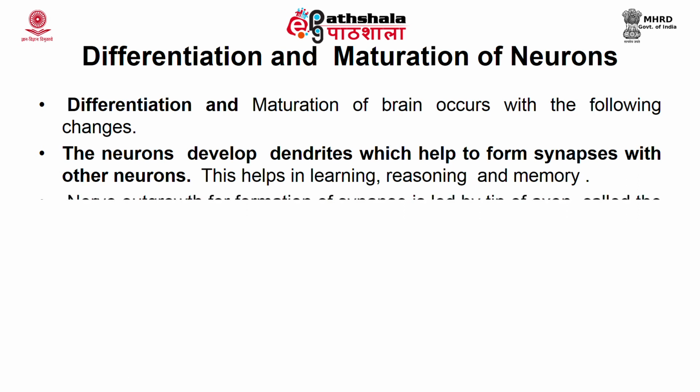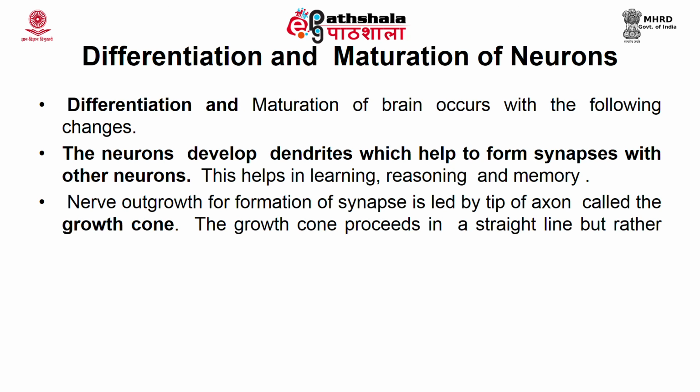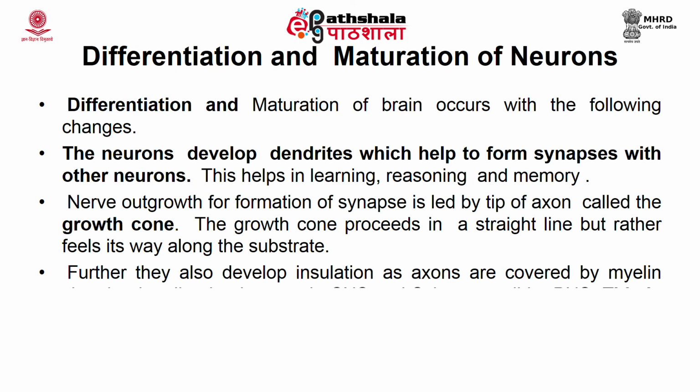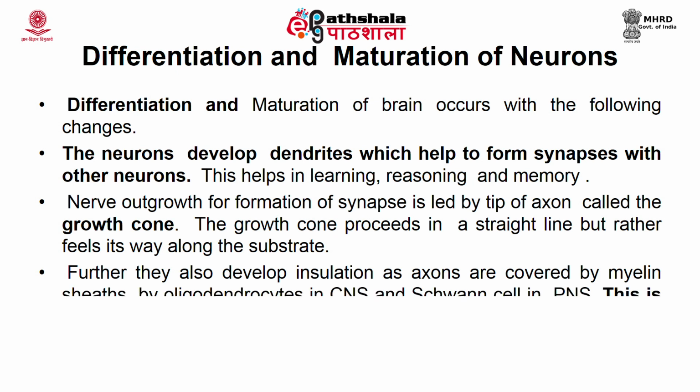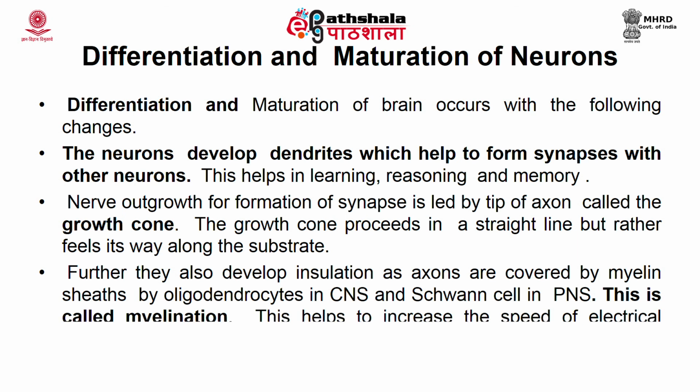To form these synapses, the tips of the axons, which are called growth cones, grow in a straight line towards the other neurons and develop new connections. Besides this, the neurons also have to be myelinated by being covered by myelin sheaths, by oligodendrocytes in the CNS and Schwann cells in the PNS.